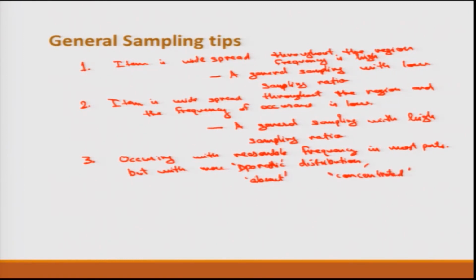That is, the distribution is not even. So, you can very well judge which sampling we should do here. It is sporadic distribution, the frequency is less in some of the parts, frequency is high in some of the parts. So, we will do stratified sampling here.